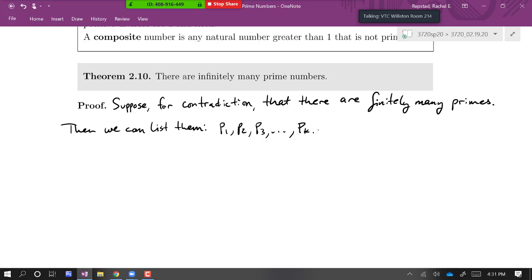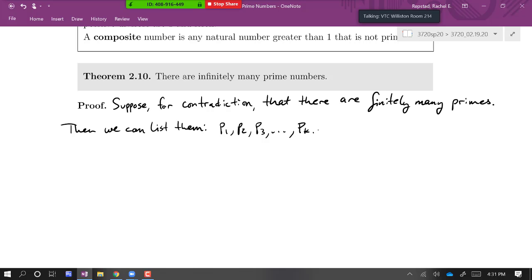We're going to be constructive in this proof. Here's what we're going to do. I'm going to tell you the approach. Obviously, we're using contradiction as the approach, but here's the construction we're going to make. We're going to use these primes to make a new number, and we're going to be able to say that that new number is not divisible by any of these primes.